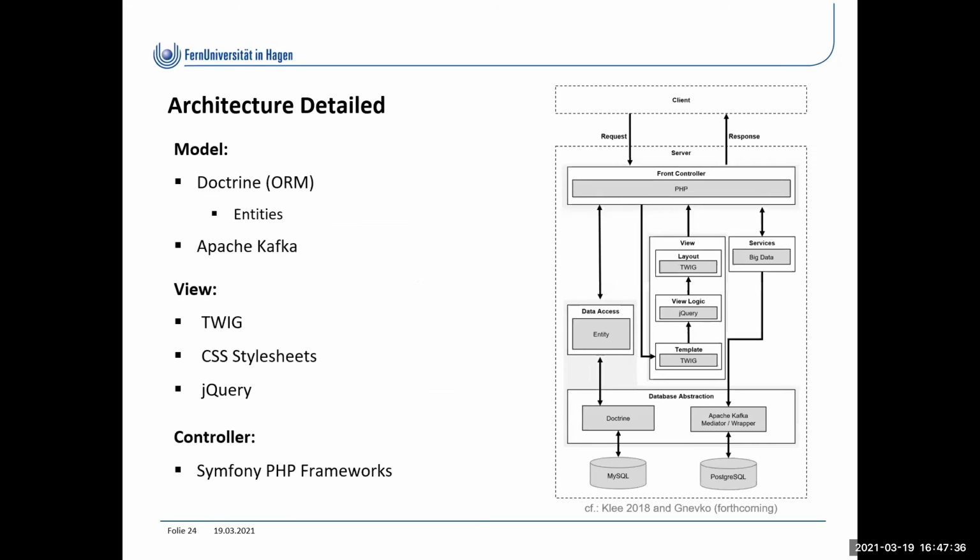In a detailed architecture, we're using Doctrine as database abstraction to have database models and get access to those models. We have Apache Kafka with a mediator wrapper architecture managed in a SQL database to manage the connection to other systems, for example, Hadoop ecosystems or something like that.